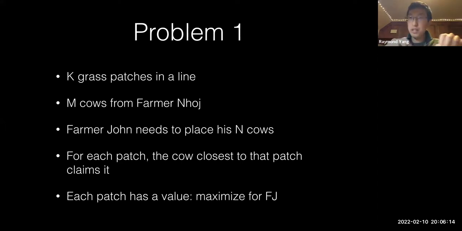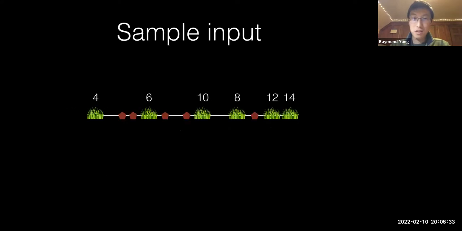After you decide how you want to place Farmer John's cows, the closest cow to each grass patch claims that particular patch. And if Farmer John claims it, then he gets that amount of value that's associated with the patch. So let's look at the sample input and what this actually looks like.